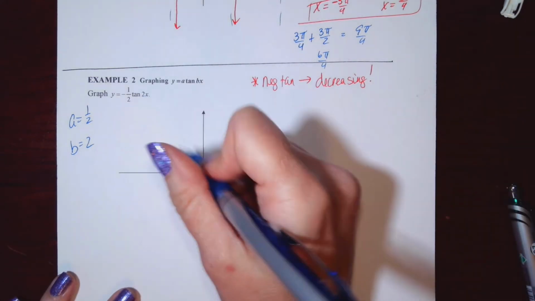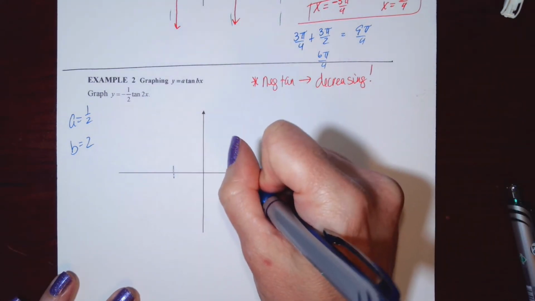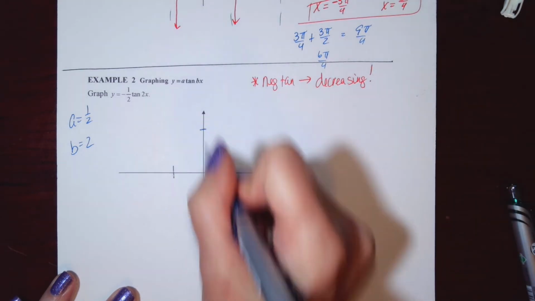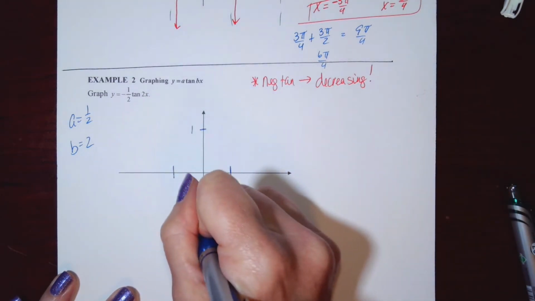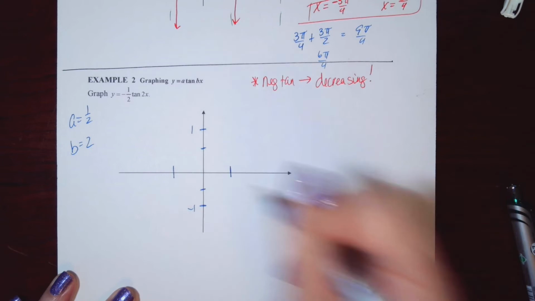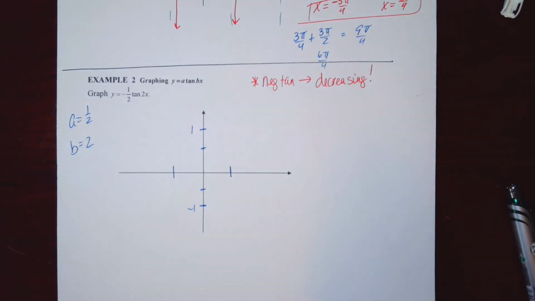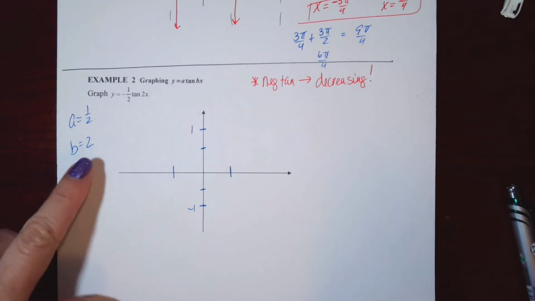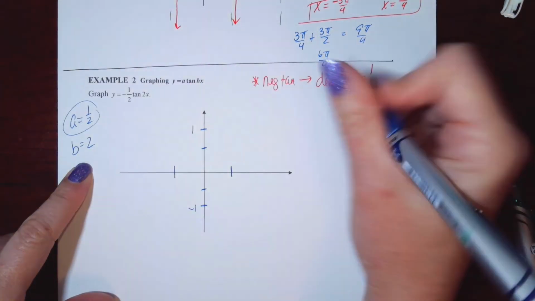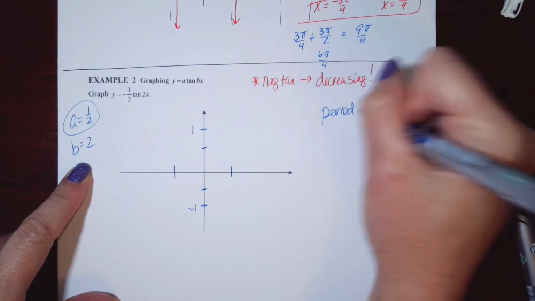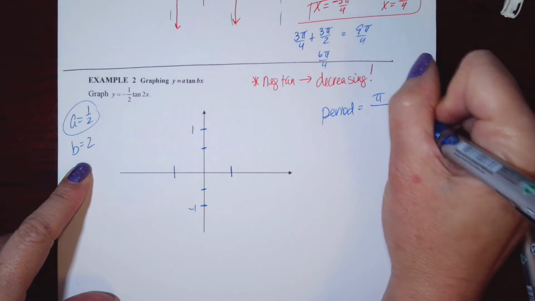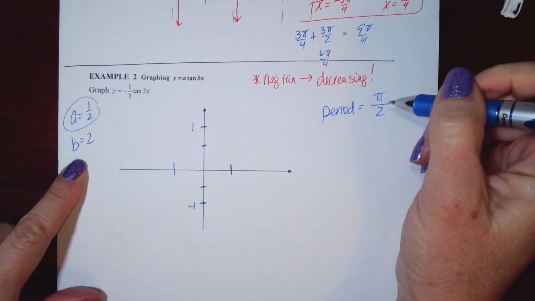Okay, we're graphing tangent. Tangent is balanced across the y-axis. I know that my value for a is 1/2. So I'm going to go up to 1/2, down to 1/2 for my quarter function values. Period. Tangent period starts out as pi over b. So here b is 2.